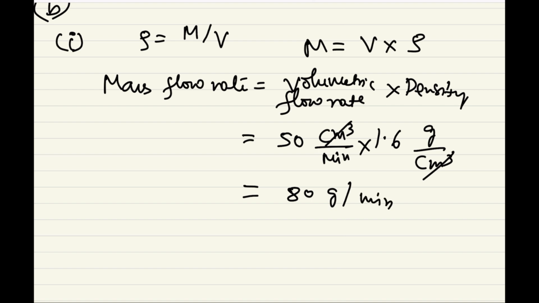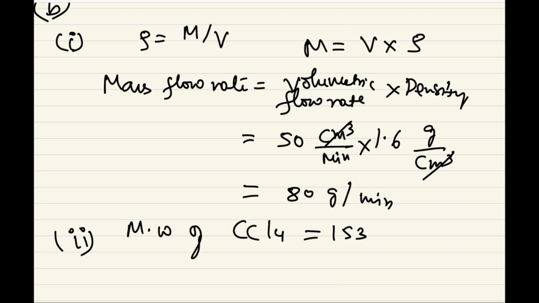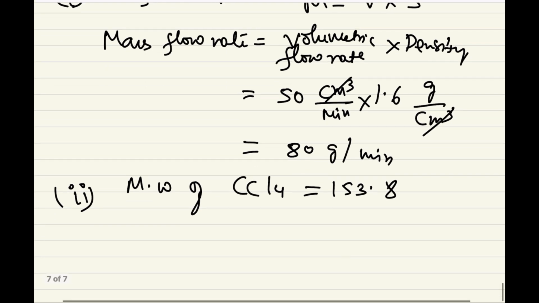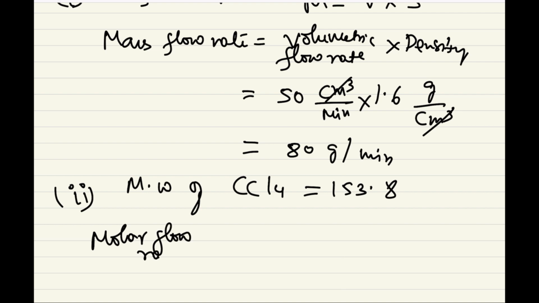So let us see the solution for sub question 2. Whenever you convert from mass to moles, we need to know the molecular weight. The molecular weight of CCl4 is 153.8. You can easily calculate it: chlorine is 35.5, and carbon is there. So the molar flow rate: you can convert the mass flow rate of 80 gram per minute into molar flow rate.